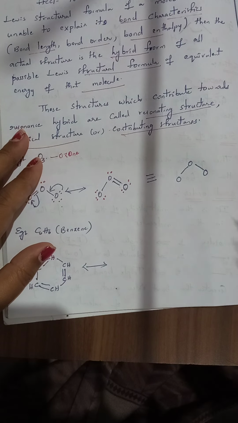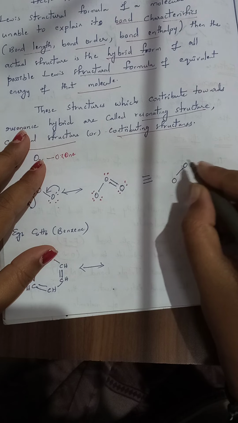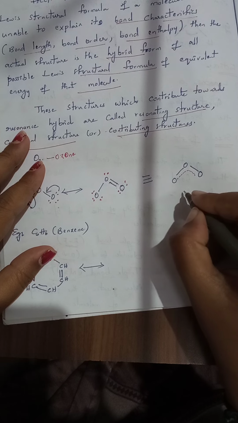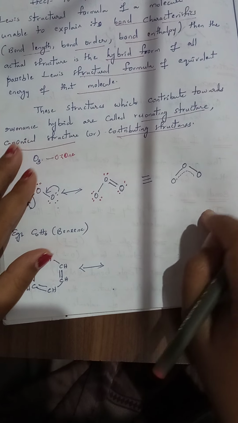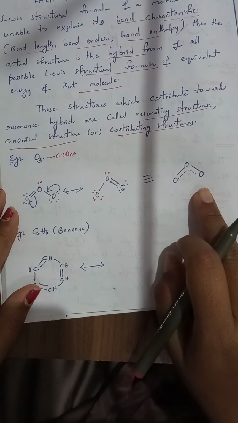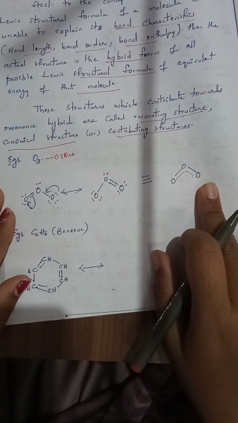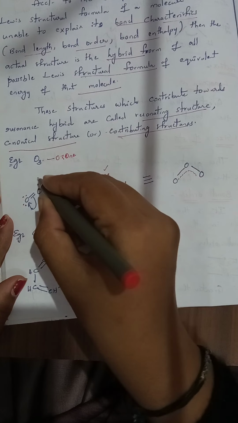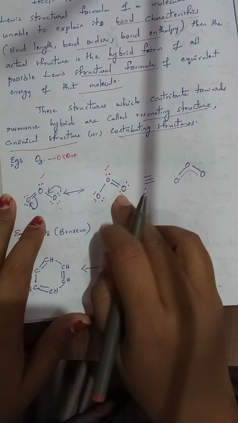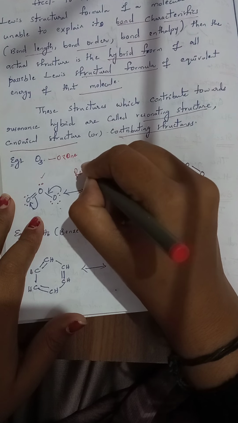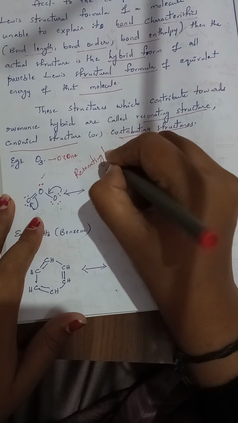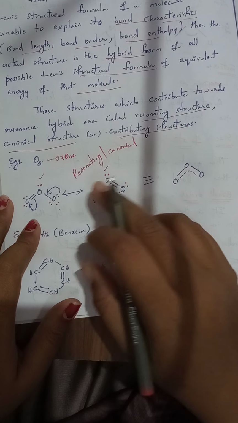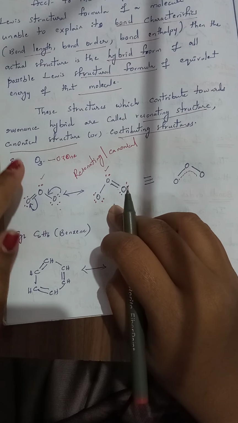That means the double bond is rotating between all three atoms, which can be indicated by the dotted line. So we can take this as the resonance hybrid structure. This resonance hybrid structure has the ability to explain all the bond characteristics of the molecule, but the individual structures cannot, and these two are taken as the resonating structures or canonical structures of ozone.